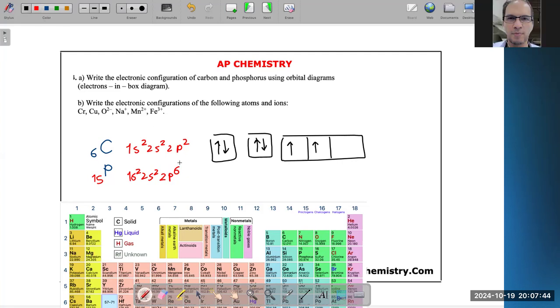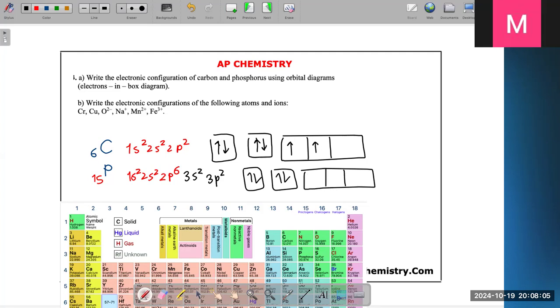We moved from the second shell to the third. Then 3s2, 3p3. Now the configuration: 1 box, 2s, then 2p6: how to draw 2p6? You draw 3 up and 3 down, they are all full. Then 3s2, I will draw it as 1 up, 1 down, and then 3p3 as 1 up, 1 up, 1 up.